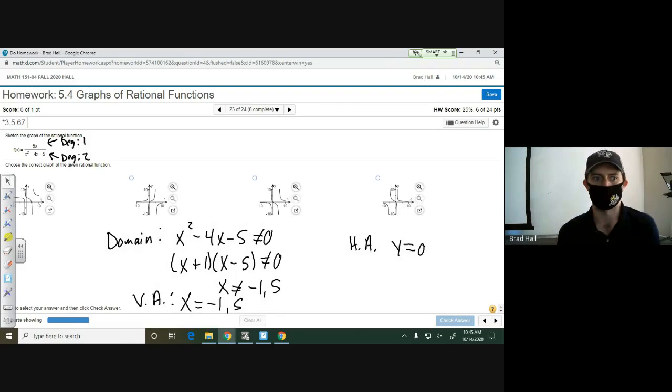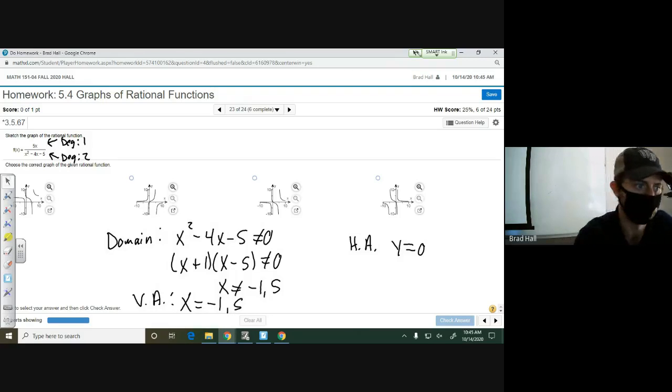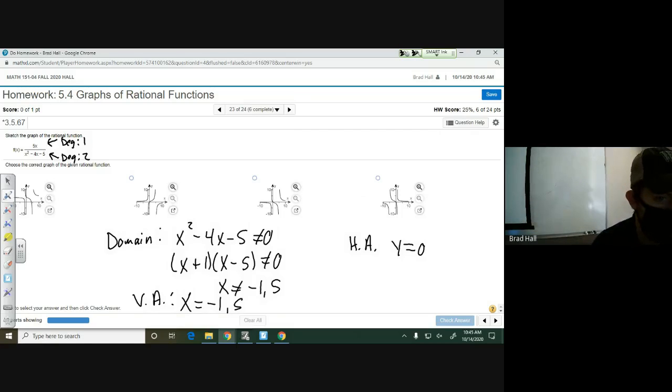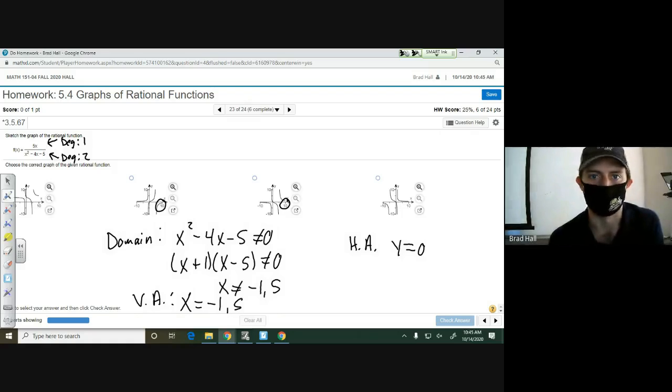And then it's a matter of, is the graph happening above the x-axis or below the x-axis? To figure that out, we could just simply plug in any value to verify what the outcome is. So I'm going to plug in 10, because for the second graph, it says if you plug in 10, you'll get a negative number.